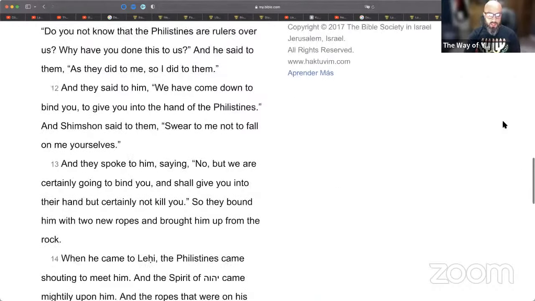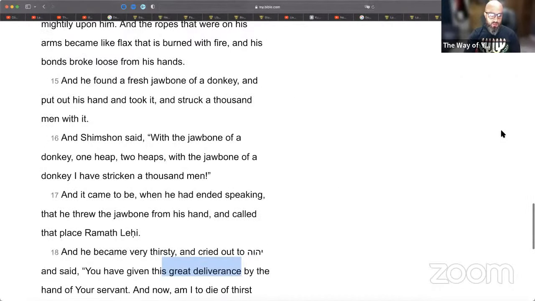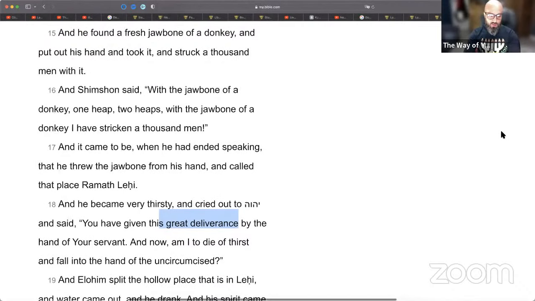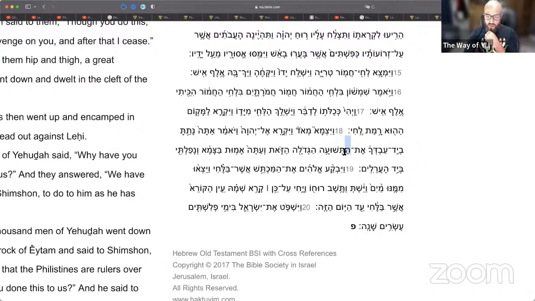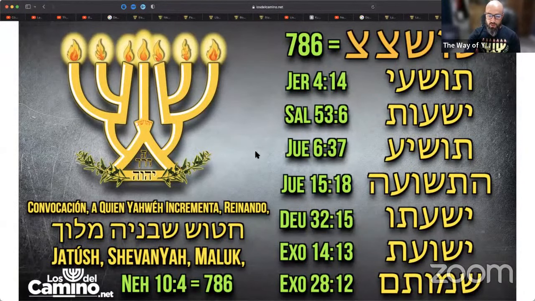And the deliverance is the same word, once again, having to do with salvation. Verse 18. Here it is. Hadshua, right there.